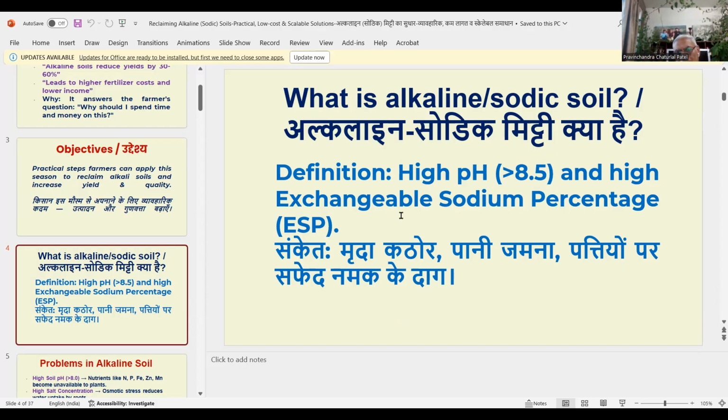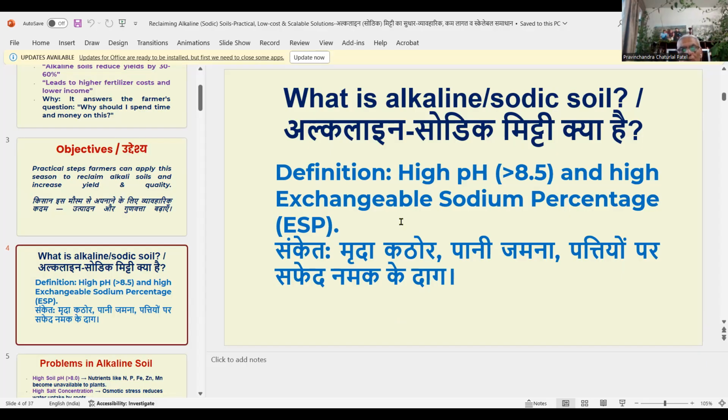So you know that when human blood has more sodium, people get high blood pressure, and if they are not careful and eat more salt, sodium chloride, then heart problems follow.